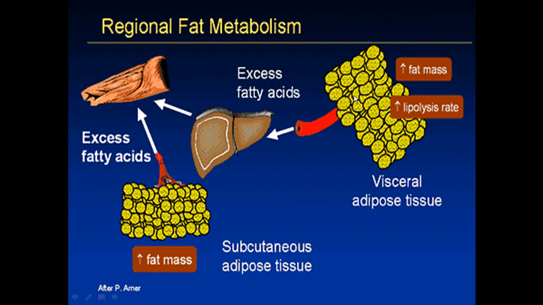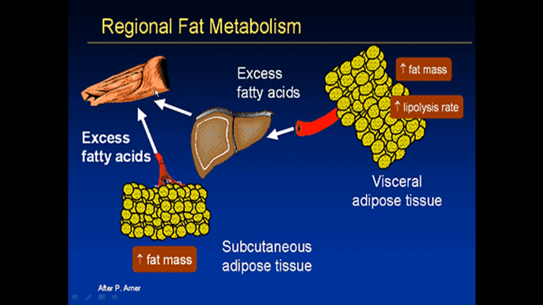There's a direct connection between the visceral cells and the hepatic portal vein that goes right up to the liver. And so if you get a lot of fatty acids in there, they're going to affect the liver, which is in turn going to affect the muscle receptors.